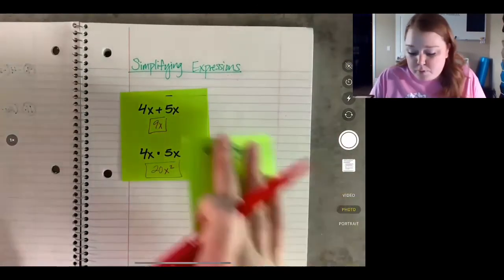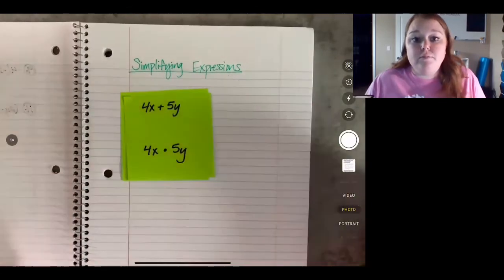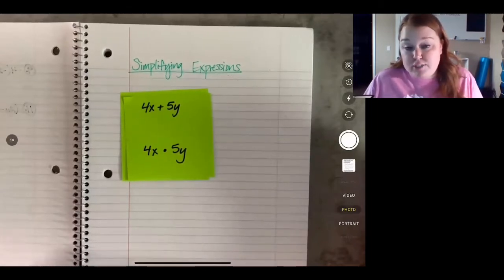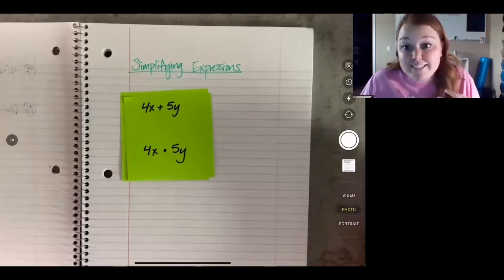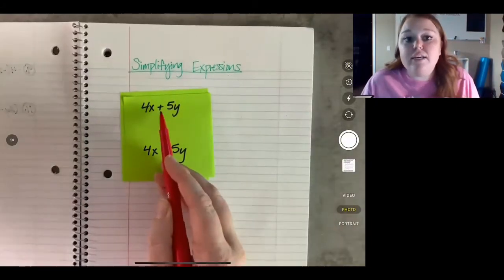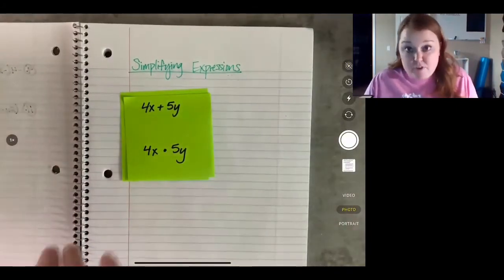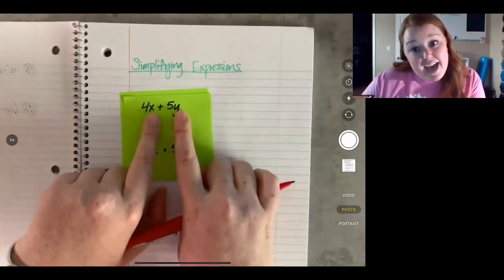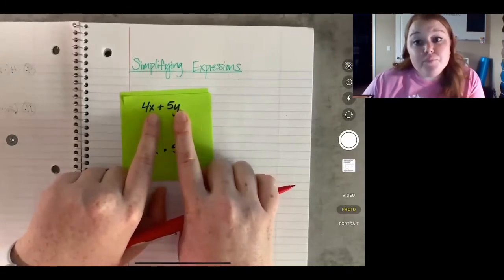Now let's bump it up one more notch. Okay, 4x plus 5y, 4x times 5y. Let's go ahead and think back. To combine like terms, to add or subtract, they have to have the same variable raised to the same power. So can I add 4x plus 5y? Can I add those up?